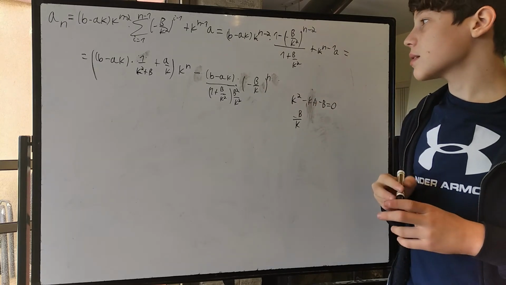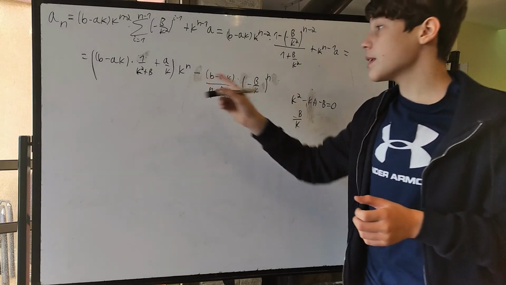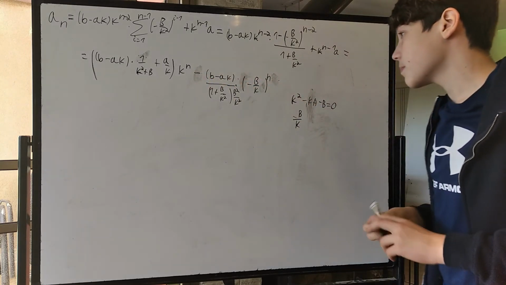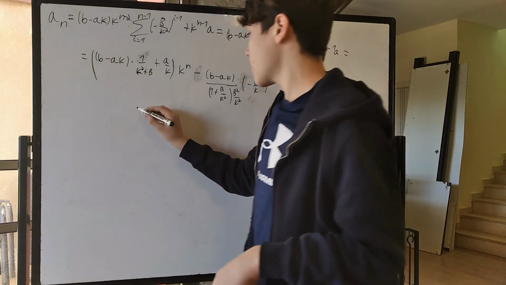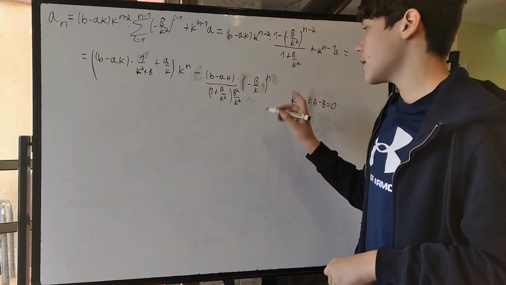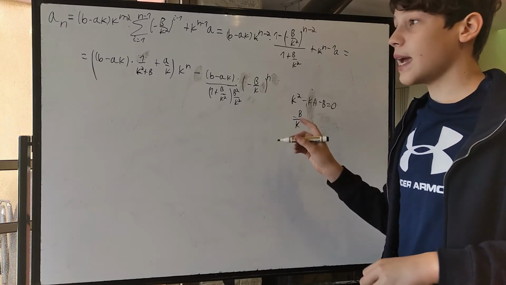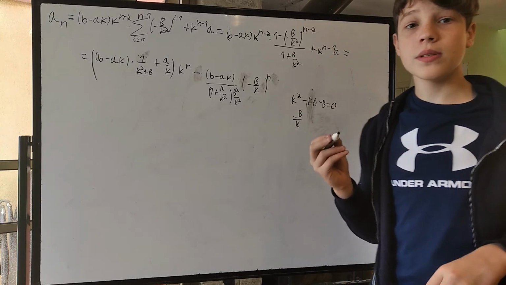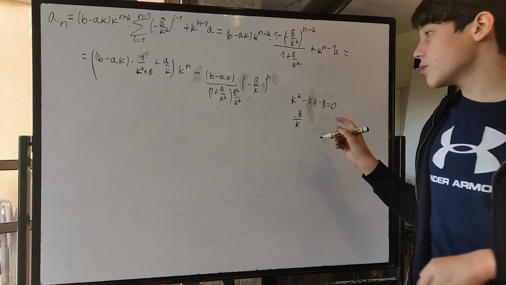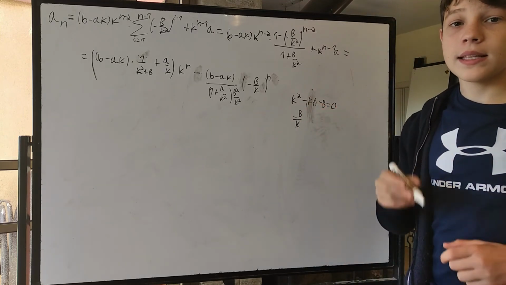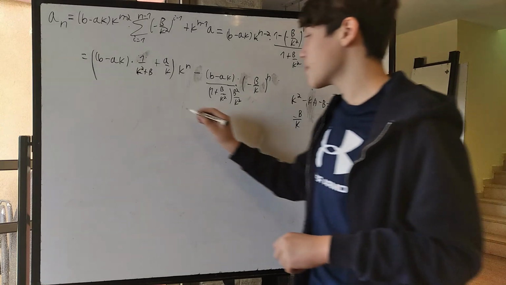So let's simplify this. Now, instead of negative b over k and k, I'll write k as k1, the first root, the first solution, and negative b over k as k2, the second solution.